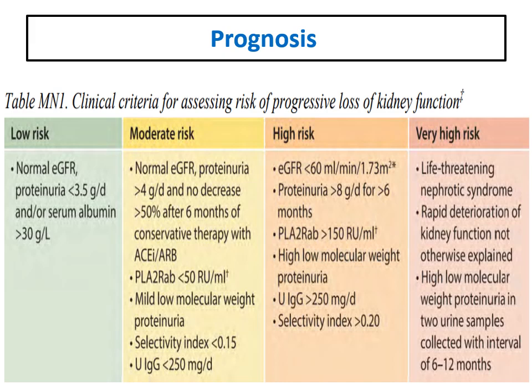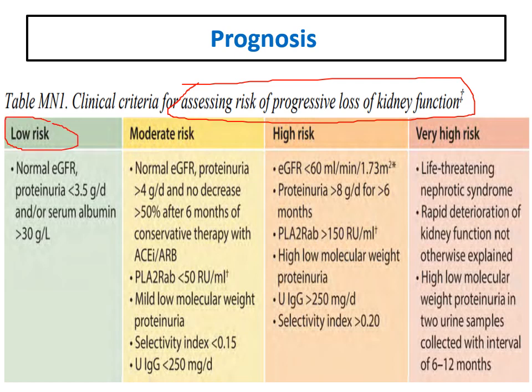These are the clinical criteria for assessing the risk, or for classifying patients with membranous glomerulonephritis. Usually we classify patients as low risk, moderate risk, high risk, and very high risk. So we classify patients low, moderate, high, and very high.